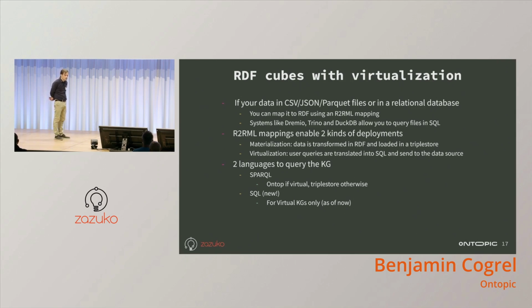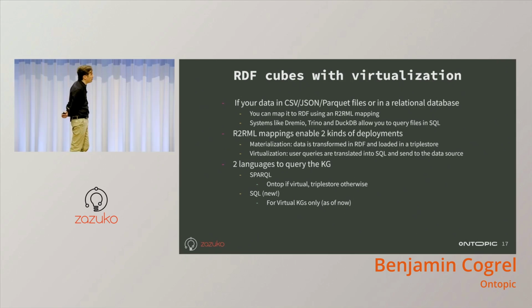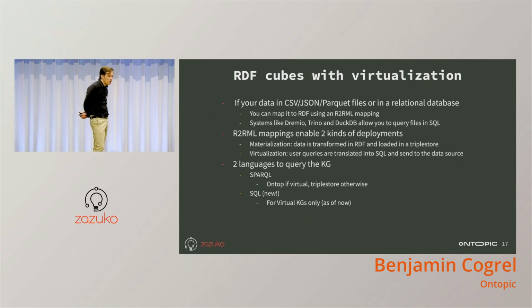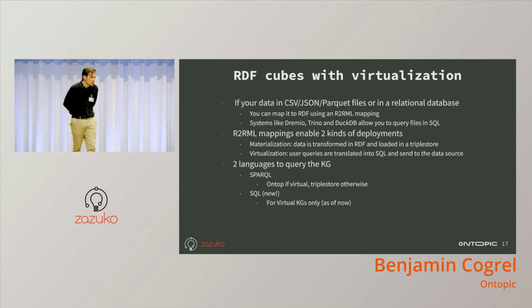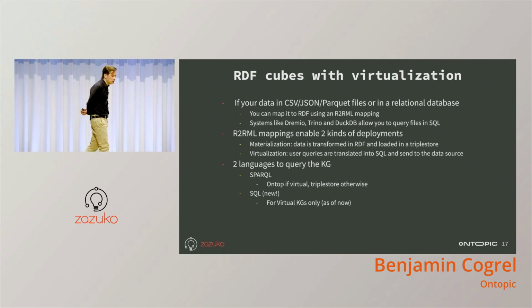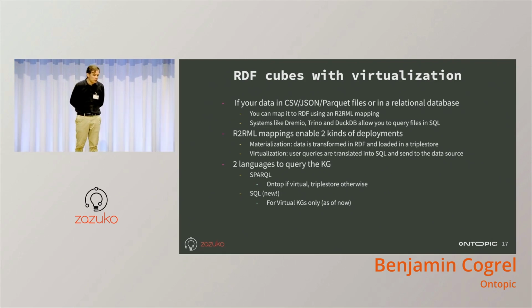And the good news is that even if you have files, nowadays it's pretty easy to make them visible as tables and then to query them as tables. You have systems like Dremio or DuckDB that can do that. You have a long list of those.